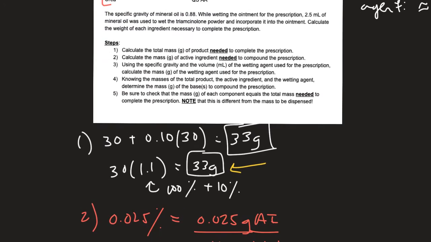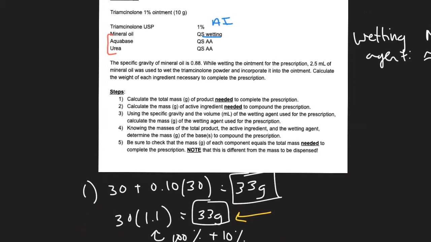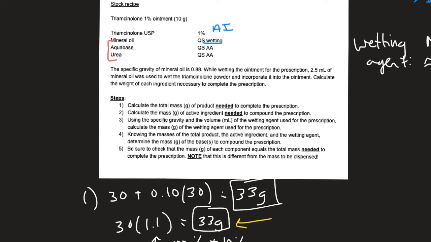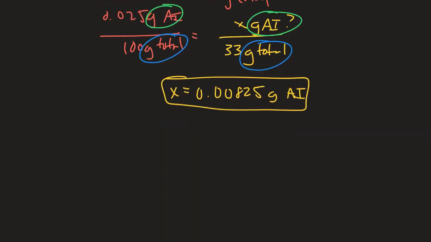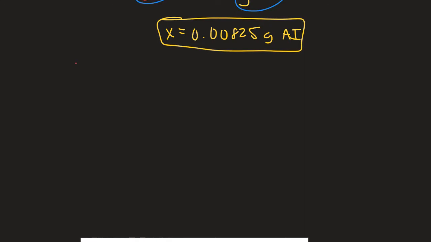Step number 3, using the specific gravity and the volume of the wetting agent used for the prescription, we're going to calculate the mass of the wetting agent. So we know the specific gravity of mineral oil is 0.88, and we used 2.5 milliliters of mineral oil for the prescription. Remember that specific gravity is equivalent to the weight of the substance divided by the volume.